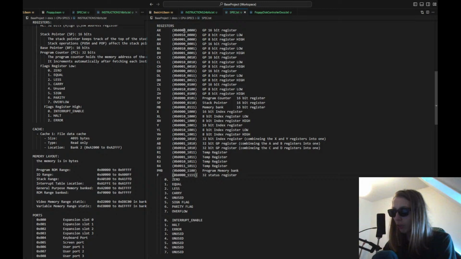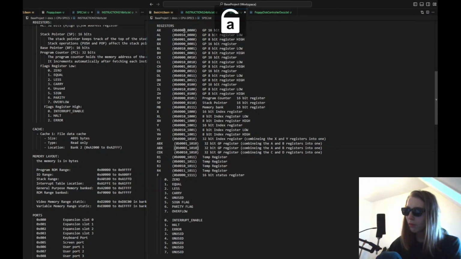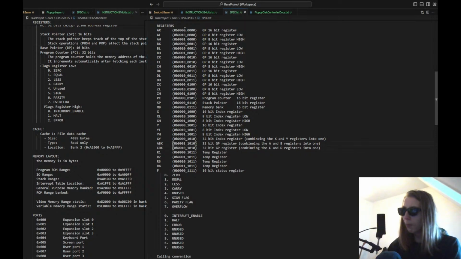A 32-bit status register. Let's bump that down into just 16 bits. We don't need a ppm. Oh, we already had these, CDX and then ABX.